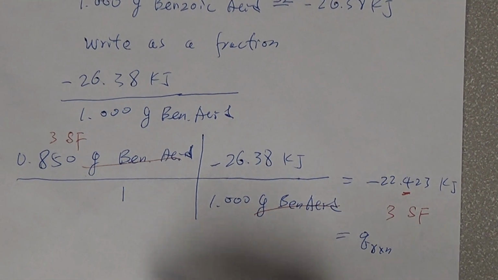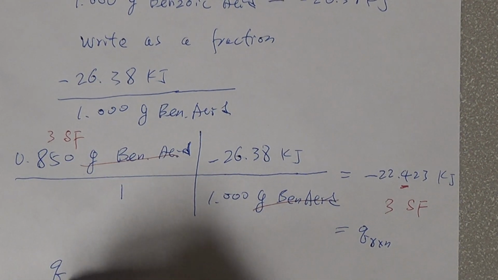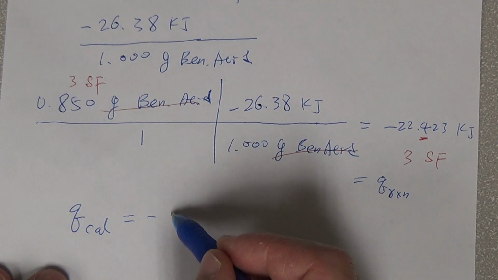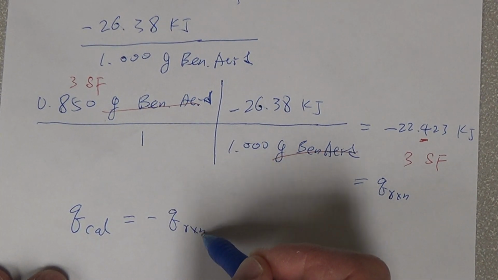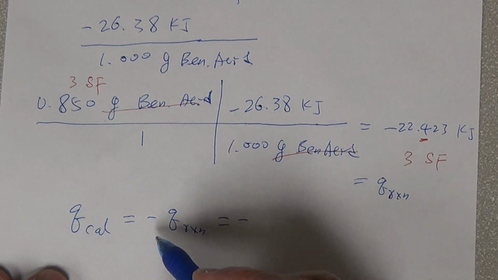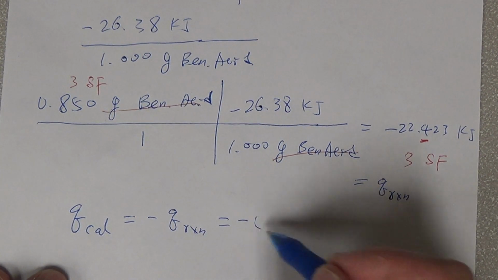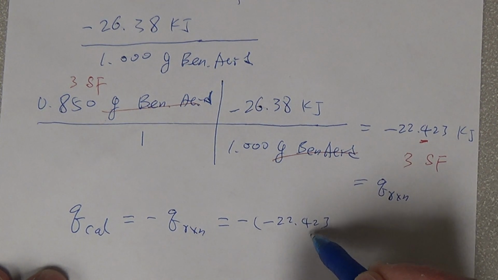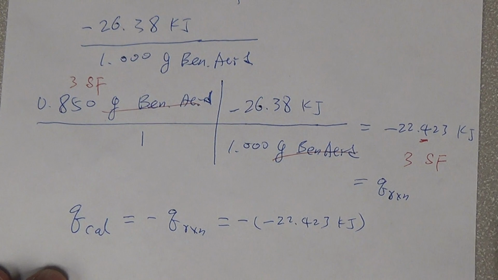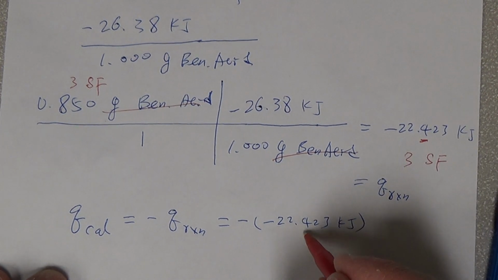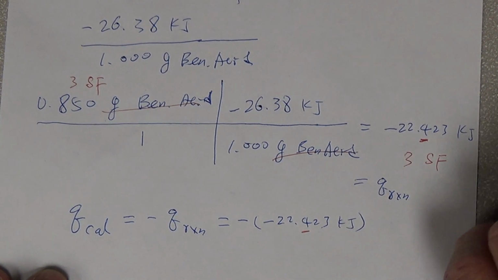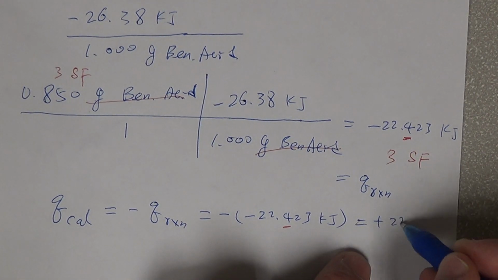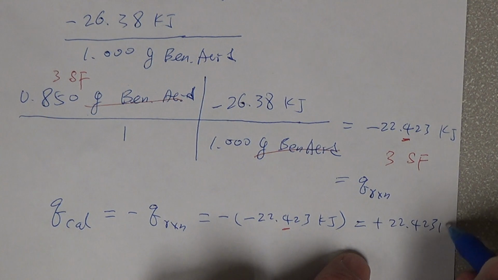So we know the Q calorimeter equals negative Q reaction, which is negative from the conversion, and then another negative from our number, 22.423 kJ, and we underline this 4 to keep 3 sig figs. Therefore that becomes positive 22.423 kJ.